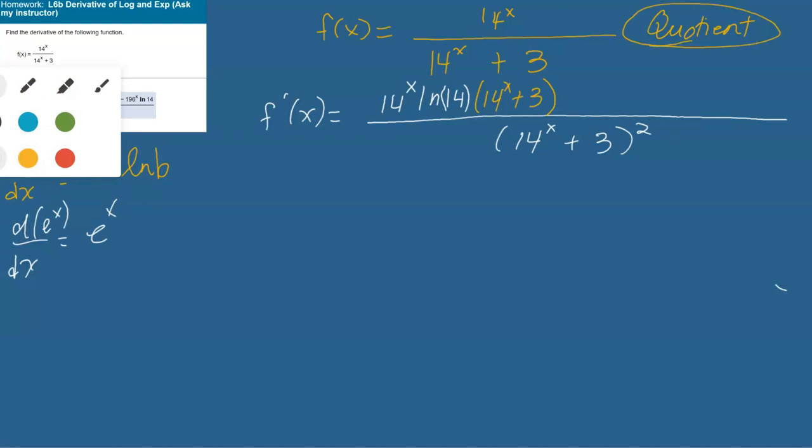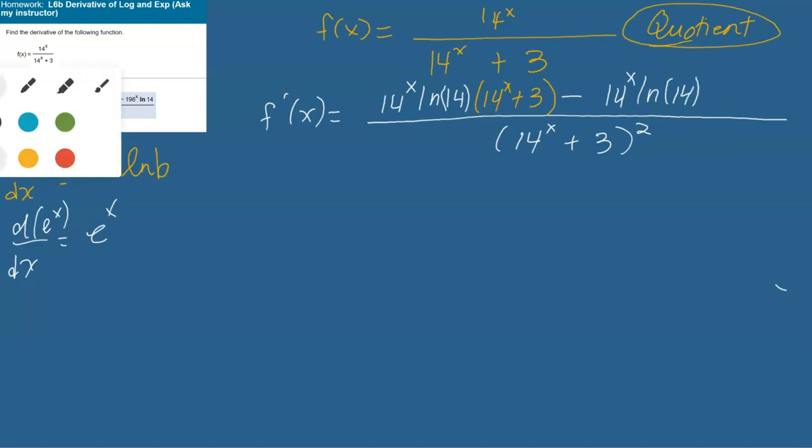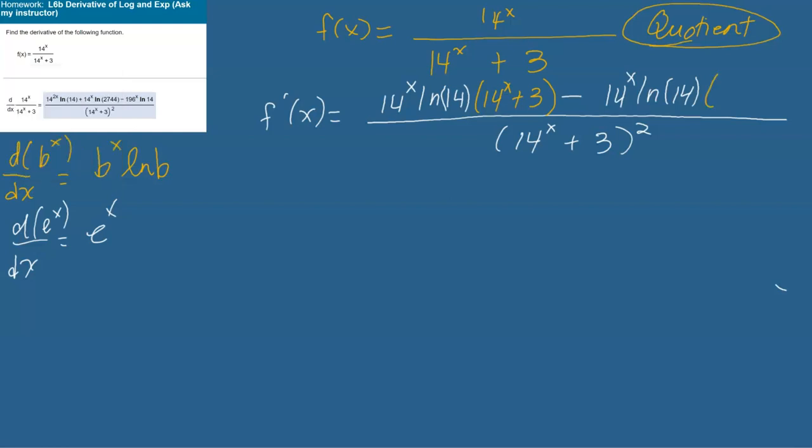And this would be minus the derivative of the denominator, which would be 14 to the x ln of 14, multiplied by the numerator, which is 14 to the x.